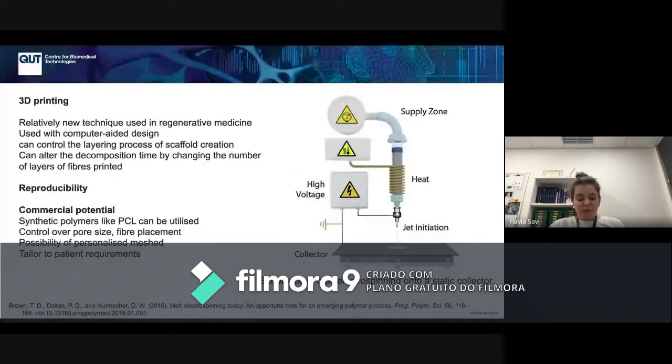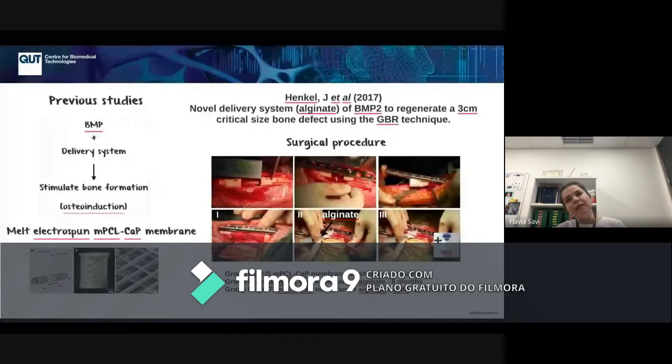So, as I mentioned, we have worked with a lot of techniques, these PCL scaffolds combined with some specific surgeries. This one that I'm showing now, I worked on in my PhD, and it was a membrane that was used to heal a 3 centimeter defect.